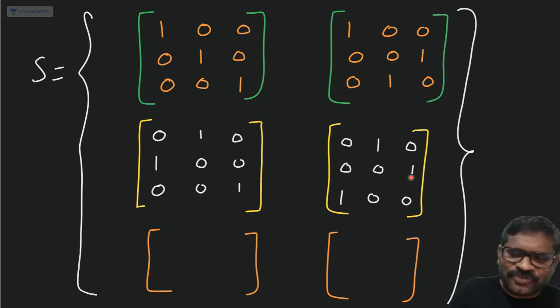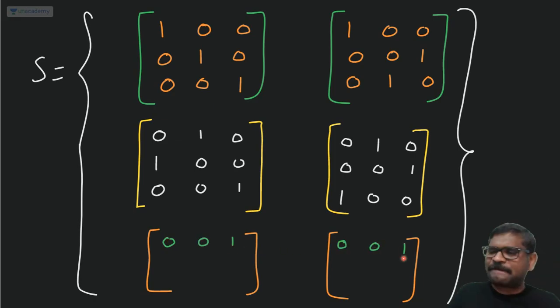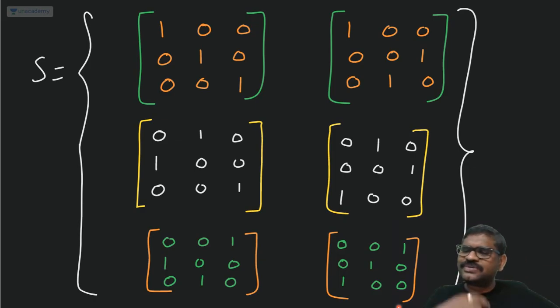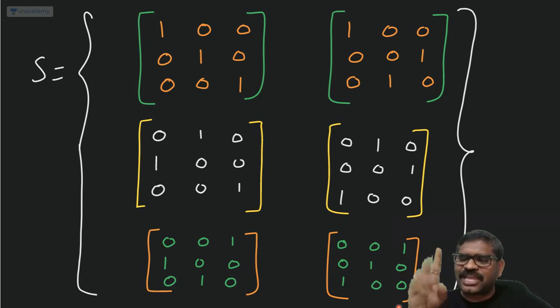I am going to fix 0, 0, 1 in the place of the first row. Then 1, 0, 0, 1, 0, 0, 0, 1, 0, 0, 1, 0. Observe now. All 6 matrices are different, and all 6 matrices satisfy the given 4 conditions.